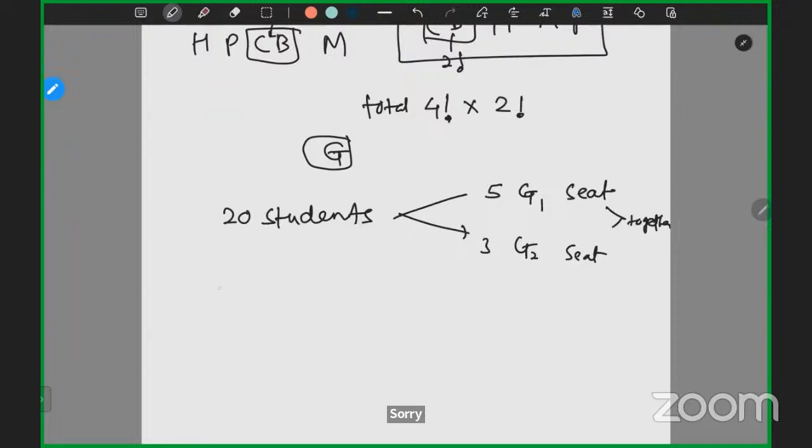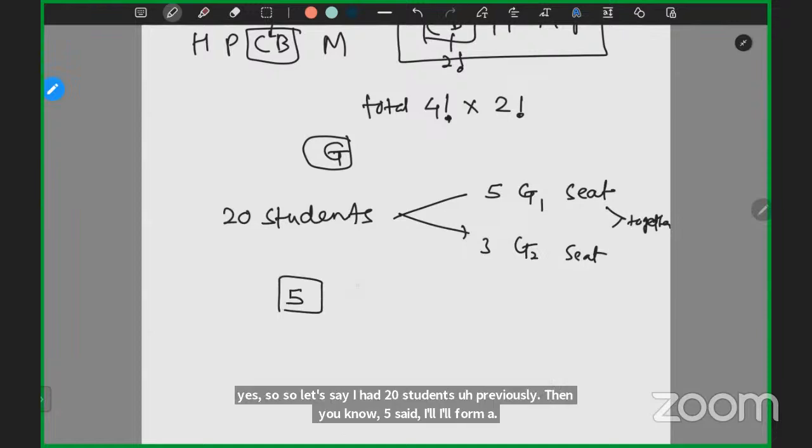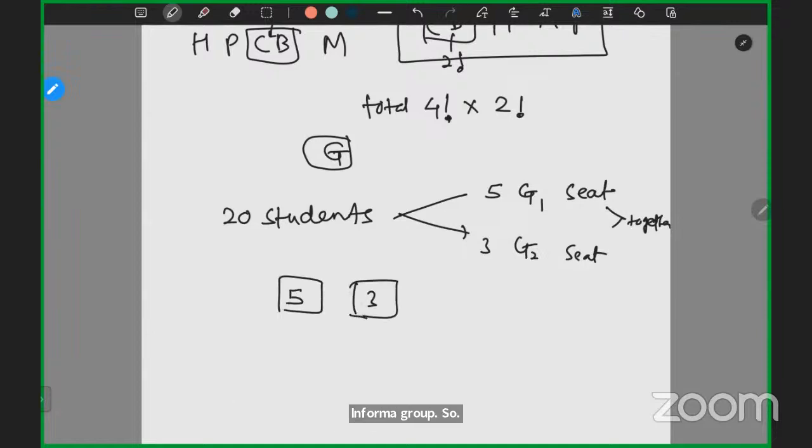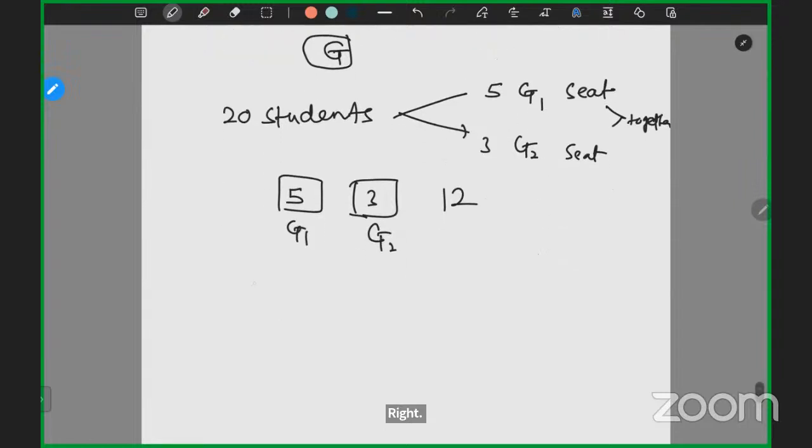By logic, yes. So let's say I had 20 students previously. Then 5 said I'll form a group, so this 5 is a group. This 3 is a group. So this I call G1, this G2, and then the rest are how many? 12, so I have 14 items total.